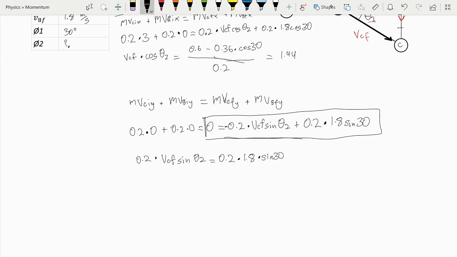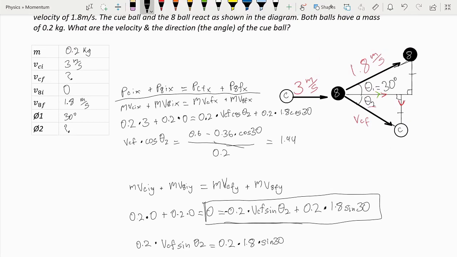So this is just our equation to prove that these two sides are equal.